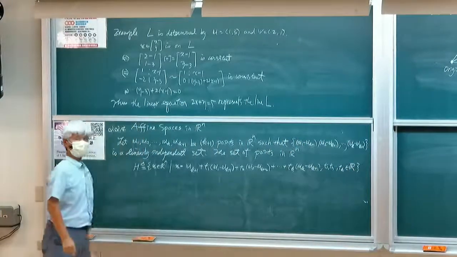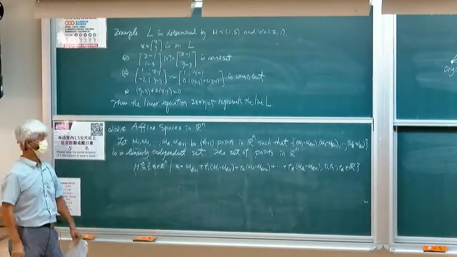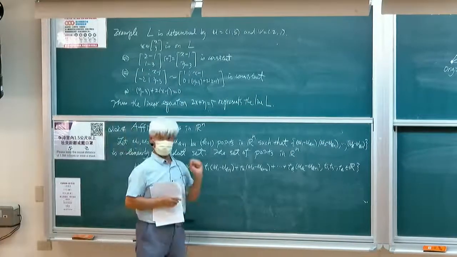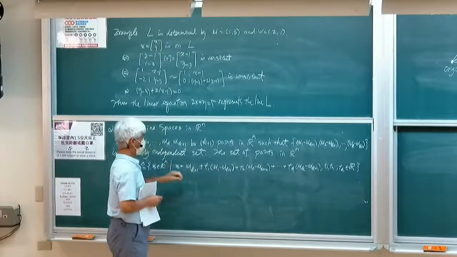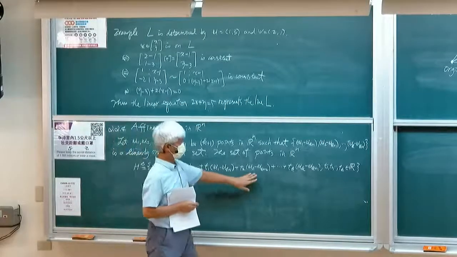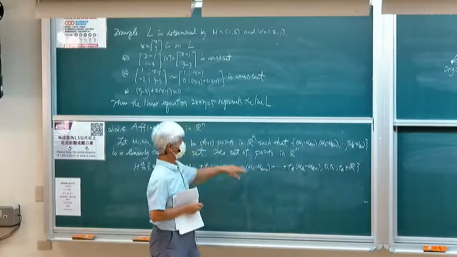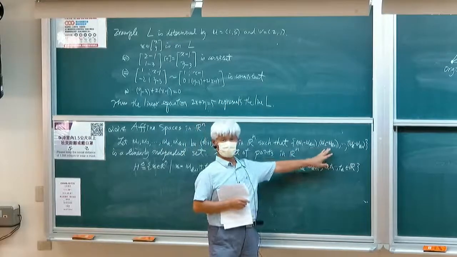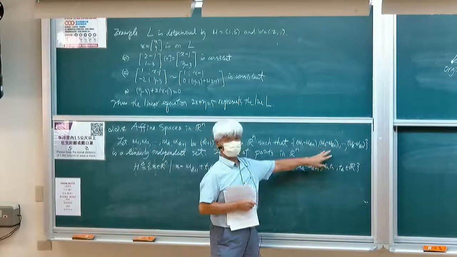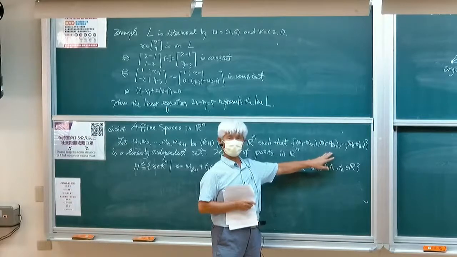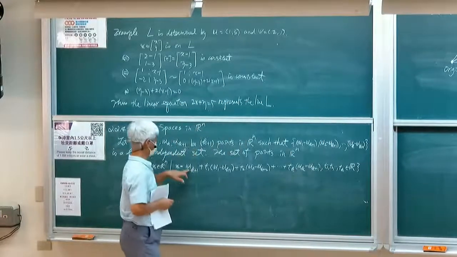Okay, so it's a set of points, and each point is obtained by a linear combination of the vectors in a linearly independent set plus a base point u_{k+1}.